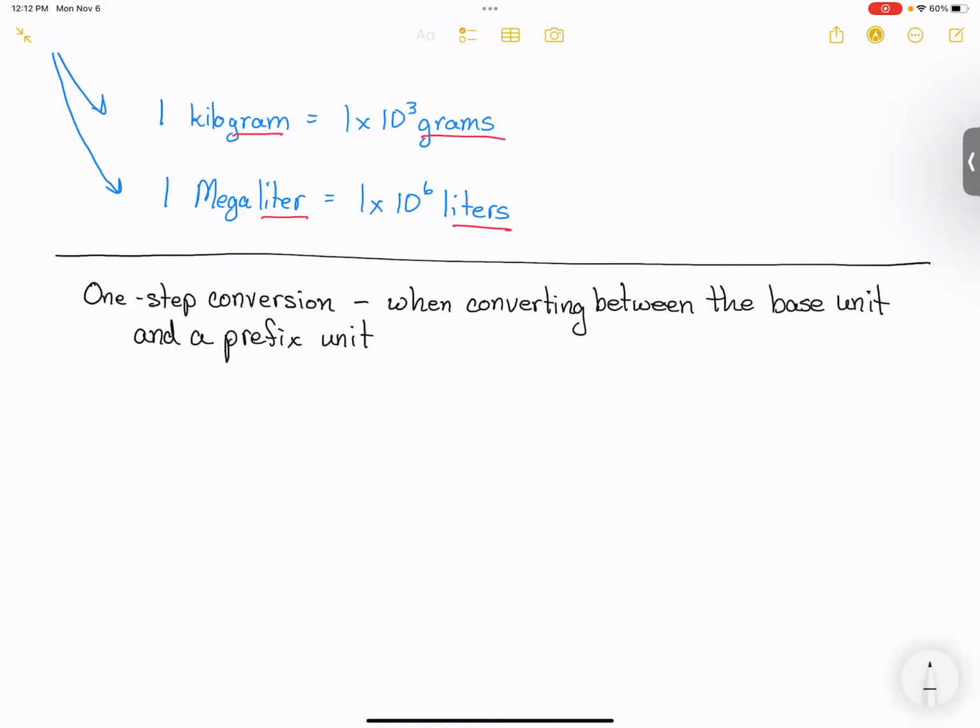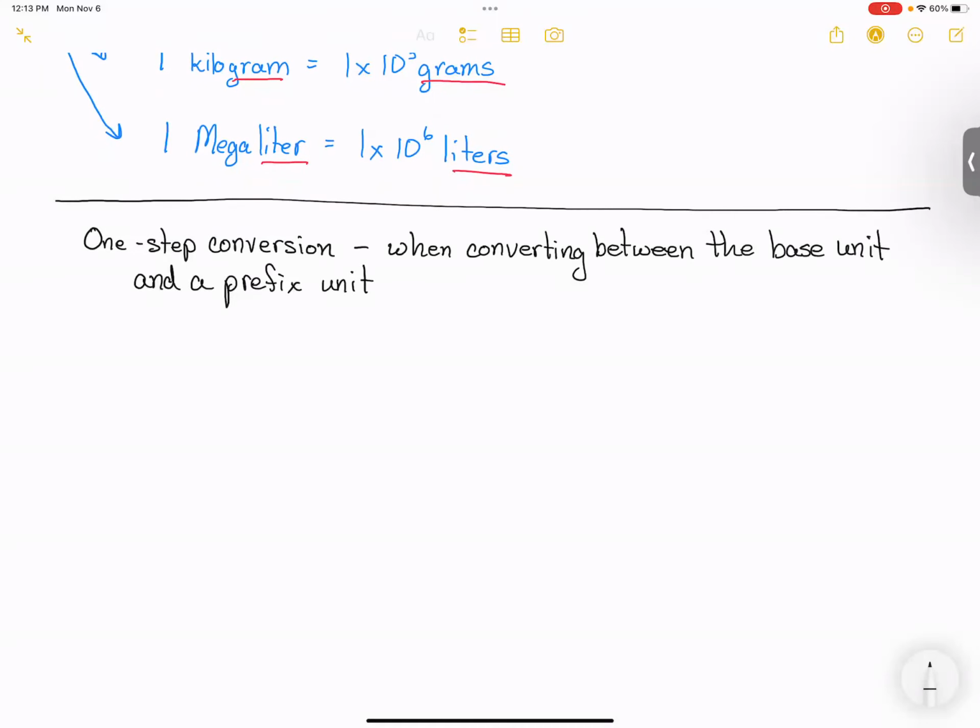What I mean by a one-step conversion is that you're only going to have one conversion factor. So how many milliliters are in 103 liters?